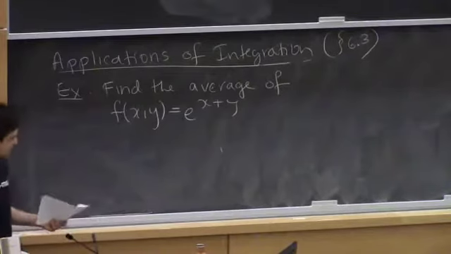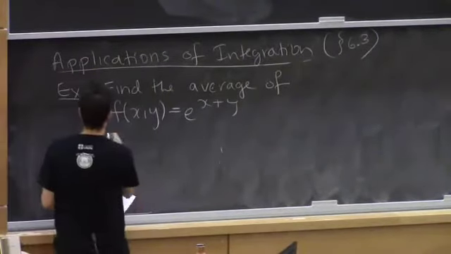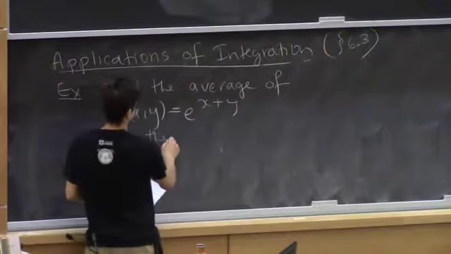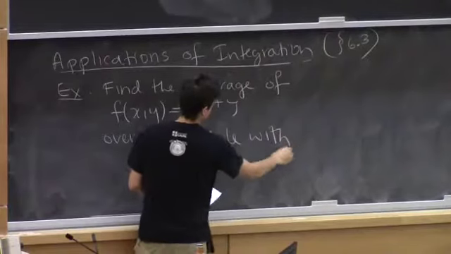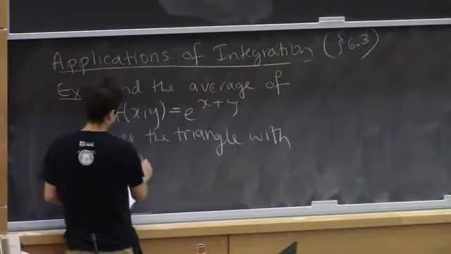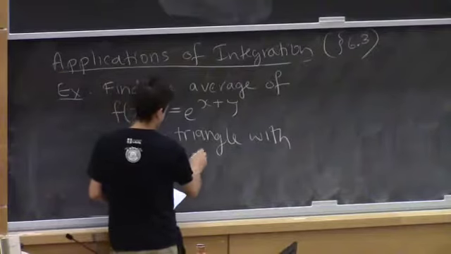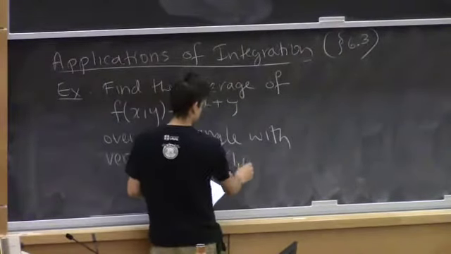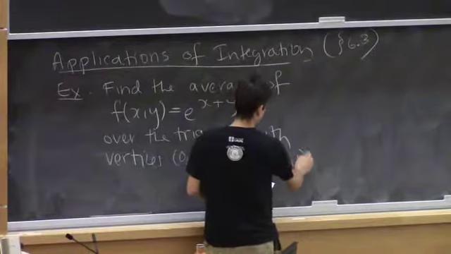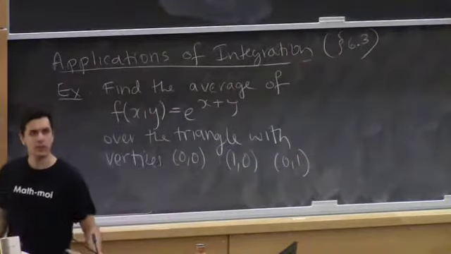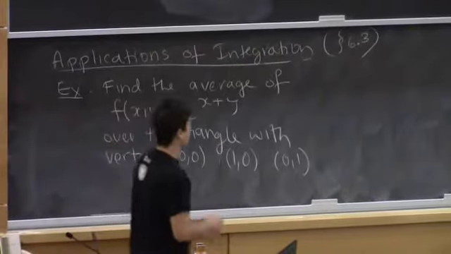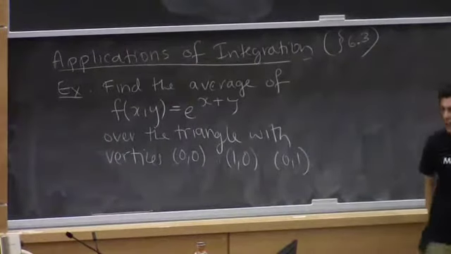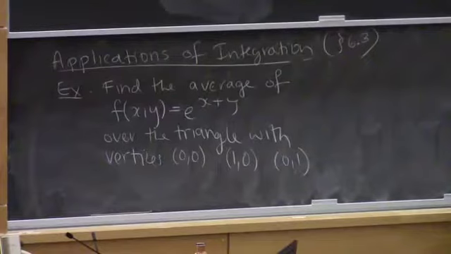Okay, so we want to find the average of e to the x plus y over this triangle with vertices 0, 0, 1, 0, 0, 1. Okay, so there's two parts to these calculations. We have to find an area and we have to find an integral.